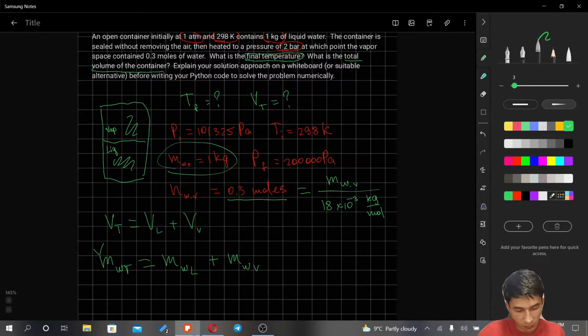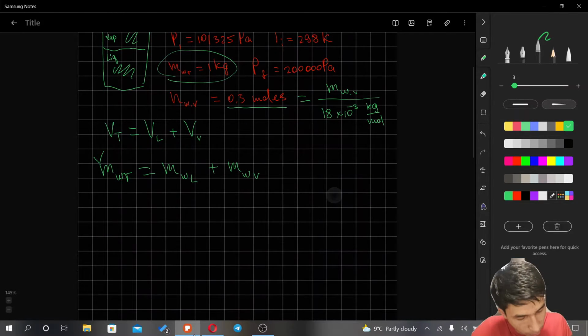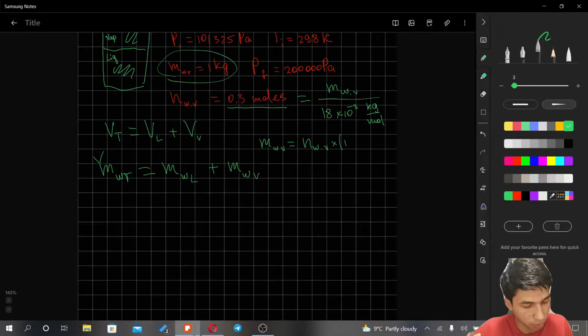And the mass of the water in vapor phase we can find, as we have this equation right here. The moles of water in vapor phase equal 0.3 moles. So the mass of water in vapor phase equals the amount of water in vapor phase multiplied by 18 times 10 raised to the power minus 3.